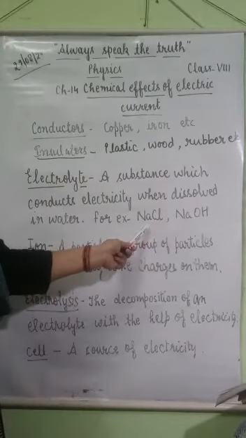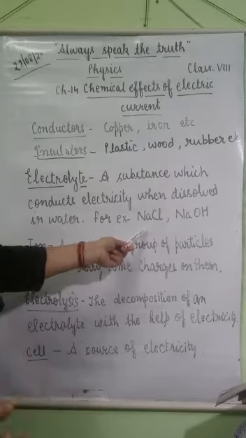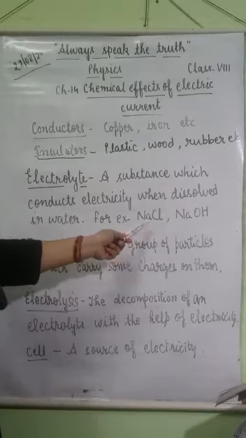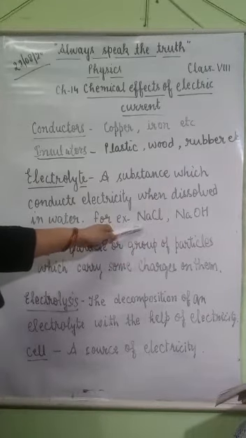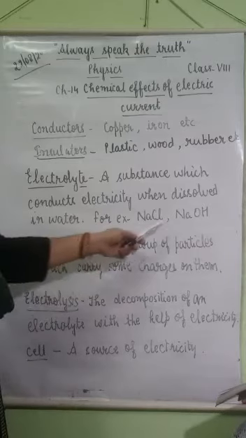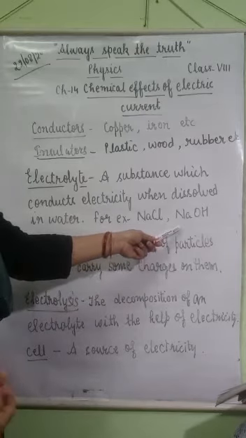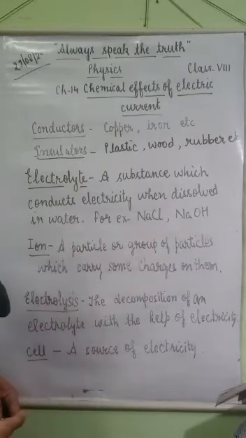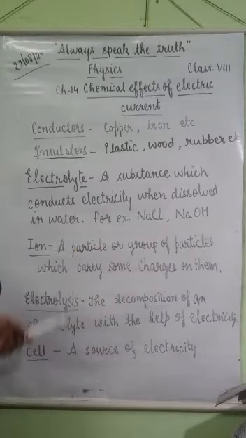When sodium chloride dissolves in water, it conducts electricity. So the solution of sodium chloride is an electrolyte, and the solution of sodium hydroxide is also an electrolyte.